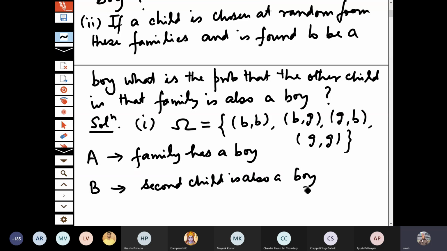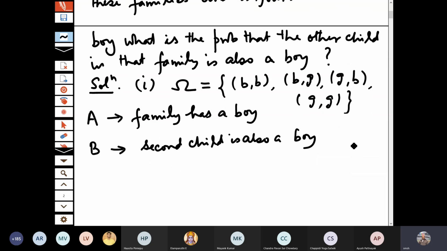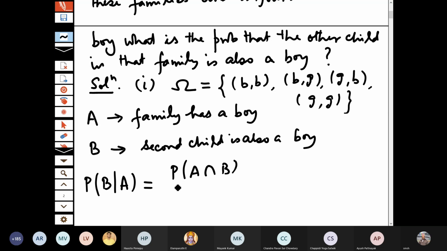So let us look at this. We are asked to find out what is the conditional probability of B given A. That is probability of A intersection B divided by probability of A. Now what is probability of A intersection B? So it says family has a boy and the second child is also a boy.